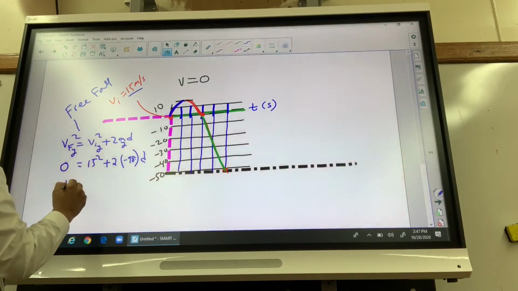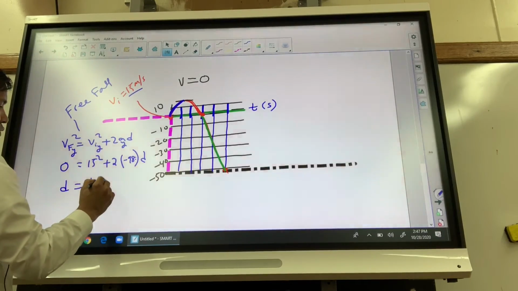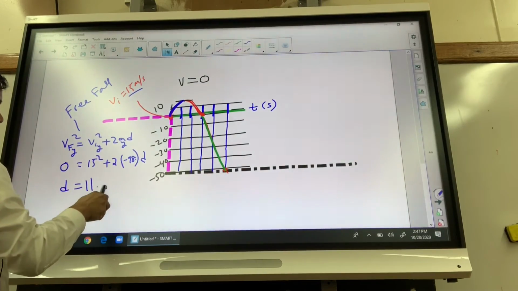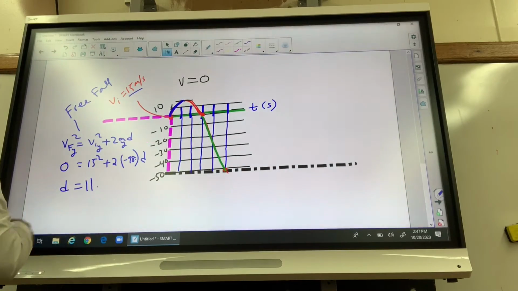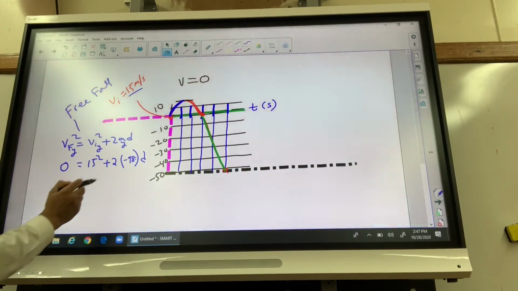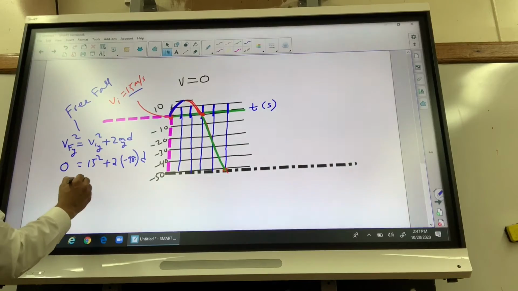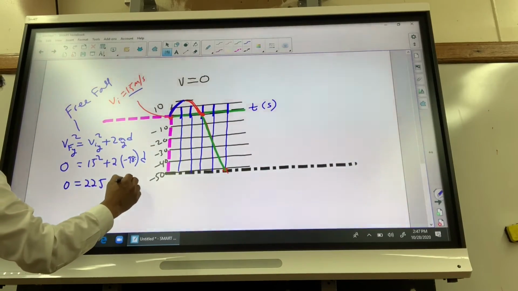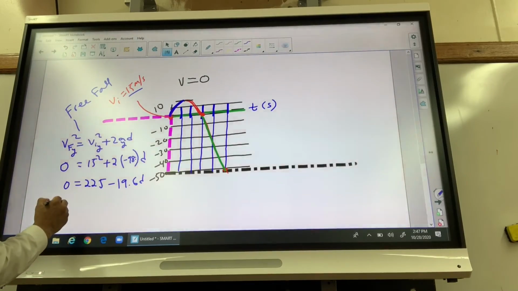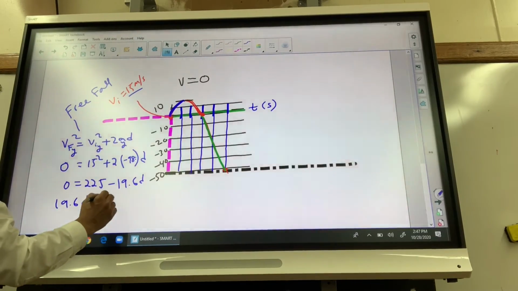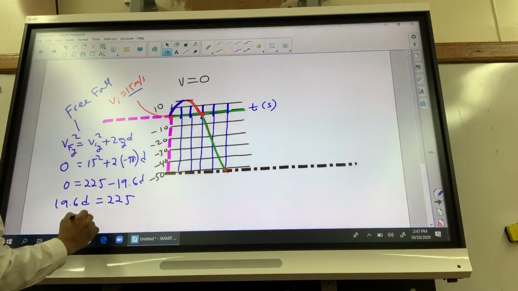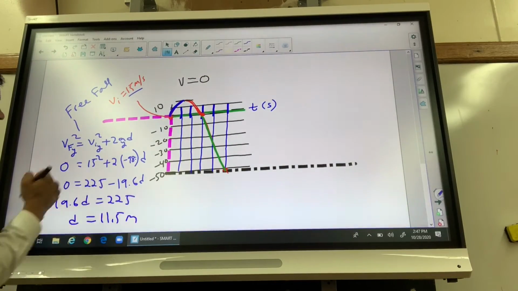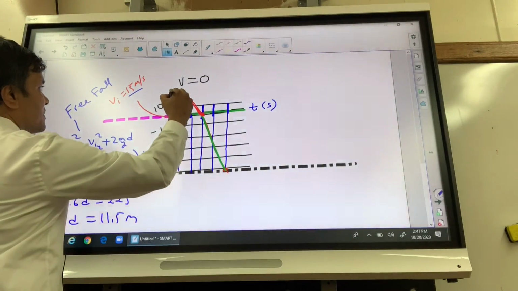So d is 11.5. How did I get that? Let's see: 0 is equal to 225 minus 19.6d, so 19.6d is equal to 225, so d is equal to 11.5 meters. So this is 11.5 meters.